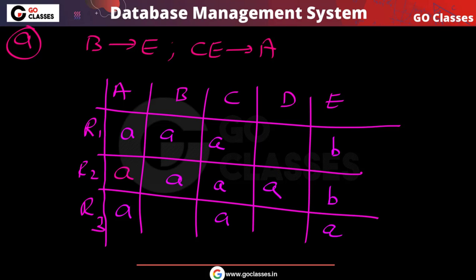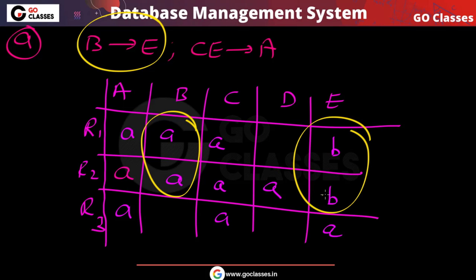Now, can we do something more? Again, B determines E. In these two tuples the B value is the same, so the E value must be the same, which is already the case, no problem. And CE determines A: in the first and second tuples the CE value is the same, and the A value is also the same.